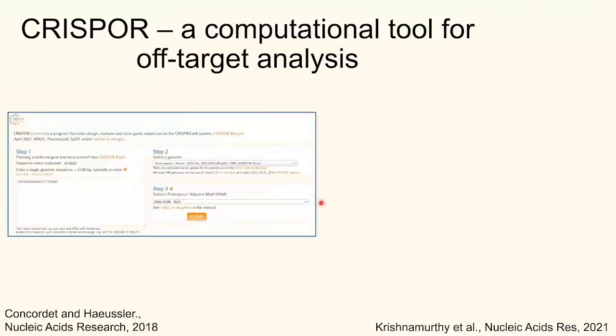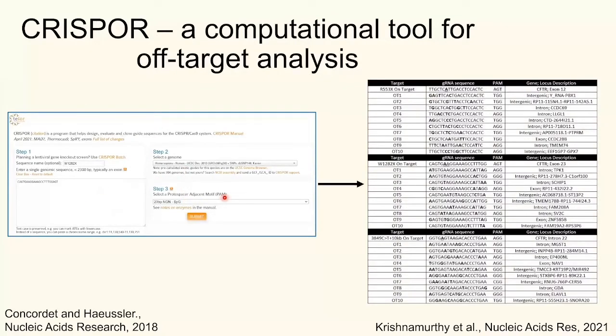In addition, we assessed guide RNA dependent DNA off targets, and we used CRISPOR, which is a computational tool online that predicts off targets associated with each mutation. So after entering the relevant information, CRISPOR spits out a table of potential off targets, ranking them by guide specificity. And once we obtained these guide RNA off target sequences, we conducted a PCR to amplify each locus of interest for next generation sequencing.